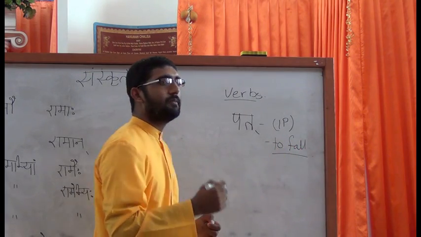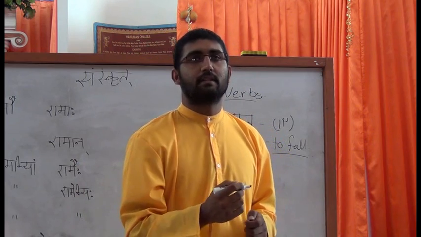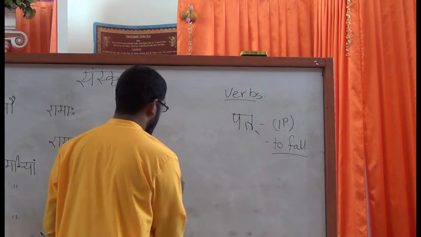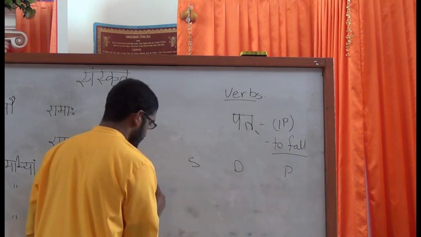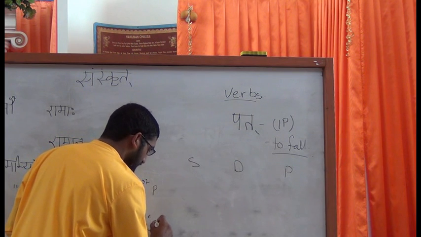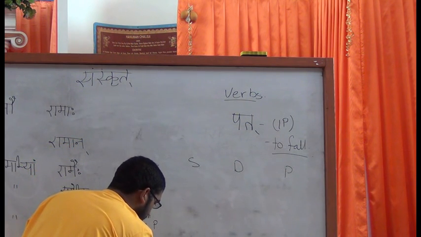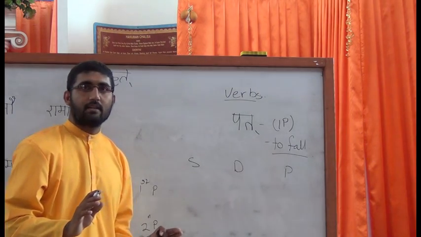So how are verbs in the first conjugation, parasmaipada, conjugated? So we have singular, dual, plural, first person, second person, third person. Is that fair? Just like English?